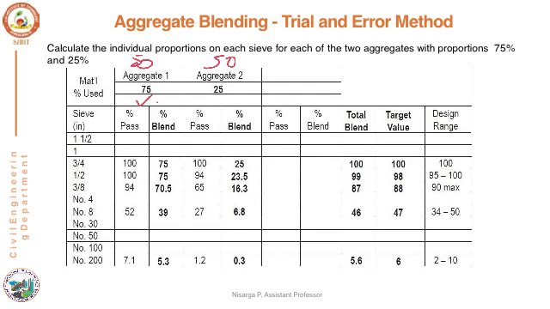But if you want to mix a larger number of aggregates, the time taken for calculation will be more, and a lot of errors are involved. If you use computer programming, the calculation of the trial and error method becomes easy. But this particular method is not very commonly used these days.